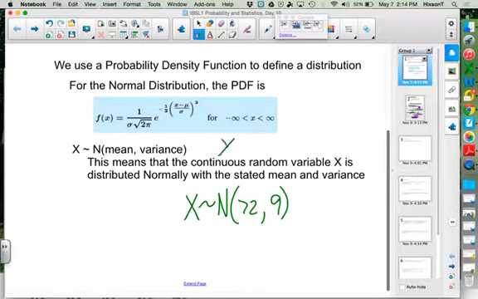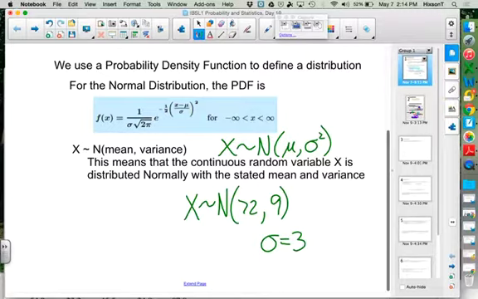Maybe if I show you the notation: x is distributed normally with mu as the mean and sigma squared as the variance. 3 is sigma squared, so sigma, the standard deviation, is 3. That's going to be important to keep straight.